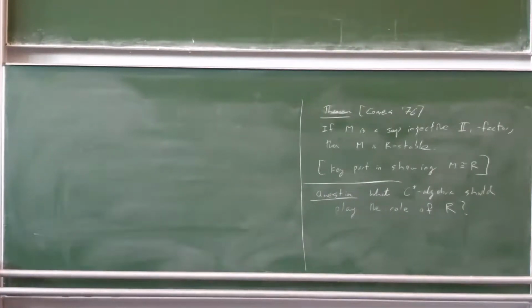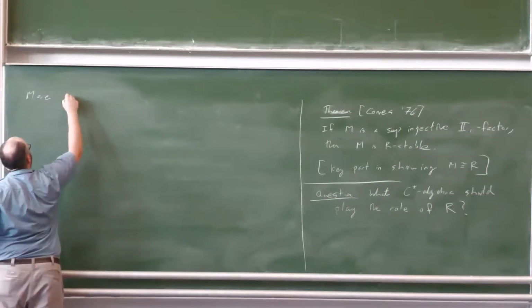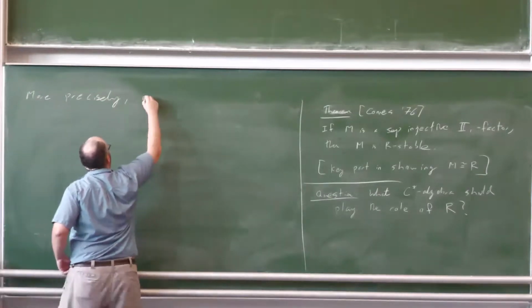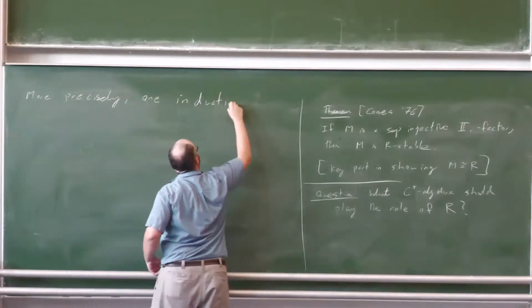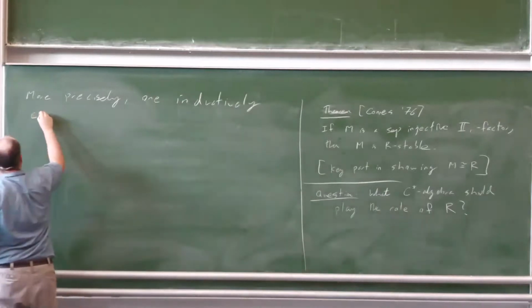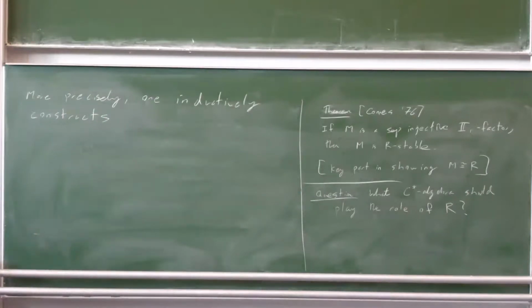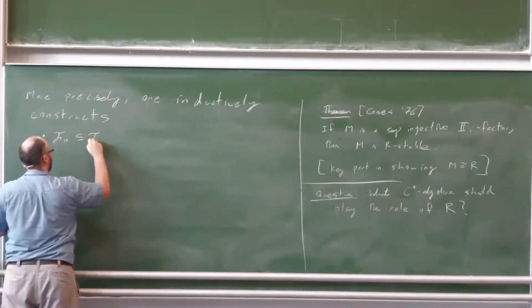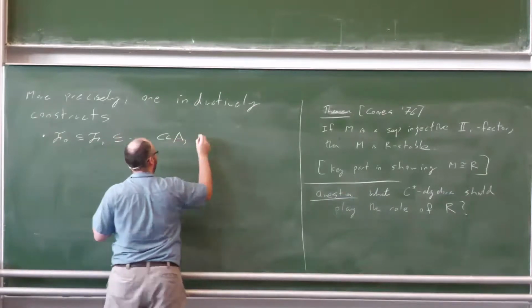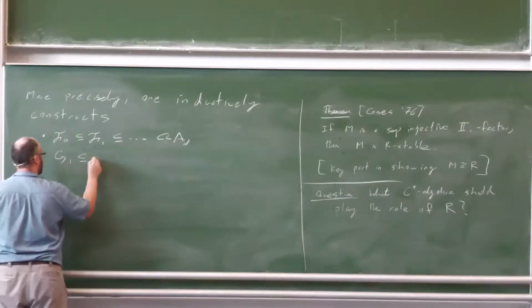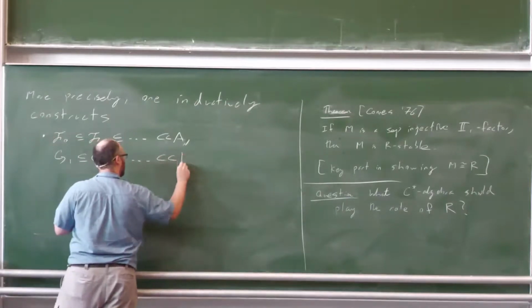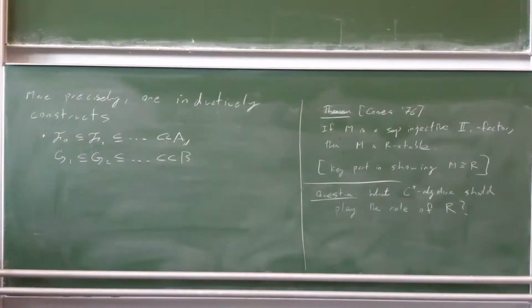Okay. So a little more detail here. One inductively constructs, let's say, an increasing sequence of finite subsets of A and of B. The F start at naught, G start at 1. That doesn't really matter. It's just an indexing convention.